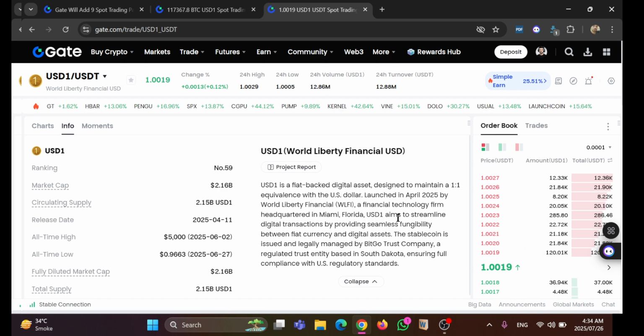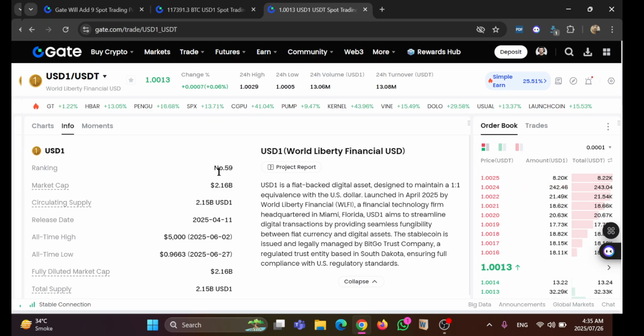USD1 aims to streamline digital transactions by providing seamless fungibility between fiat currency and digital assets. The stablecoin is issued and legally managed by Bit2Go Trust Company, a regulated trust entity based in South Dakota, ensuring full compliance with US regulatory standards.